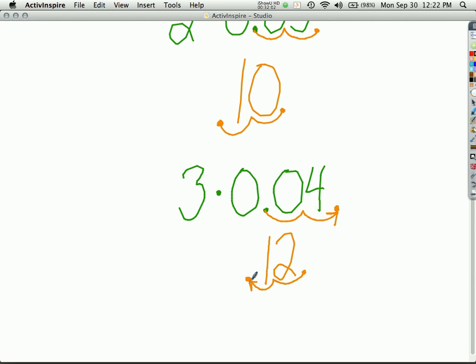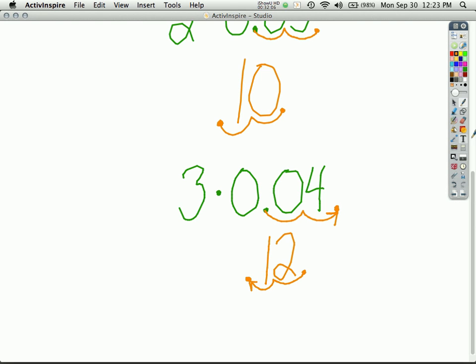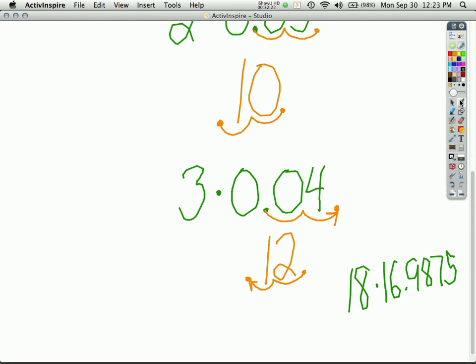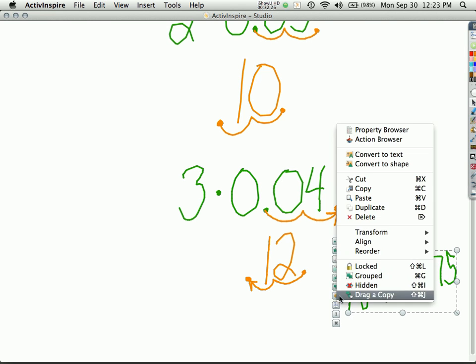This is a technique that you should be using for simple numbers. Now, if I ask you to multiply 18 times 16.9875, would I expect you to be able to do that mentally? No. That's what the calculator is for. But you should not be using a calculator for 3 times 0.04 or anything like that.